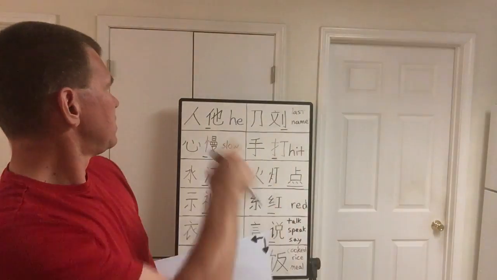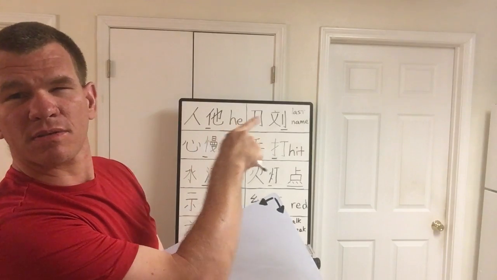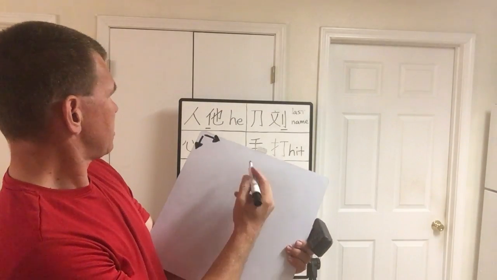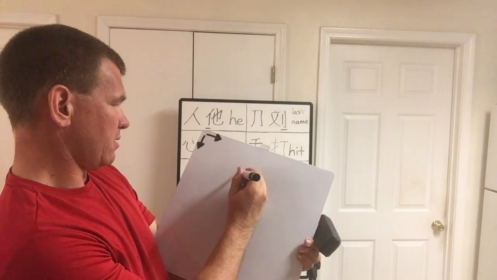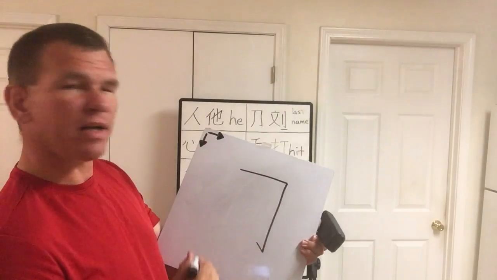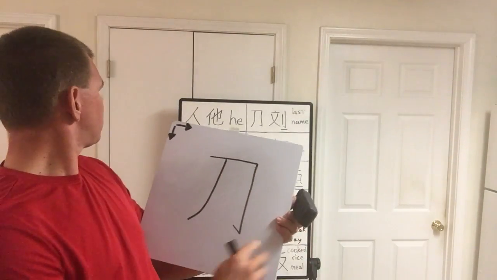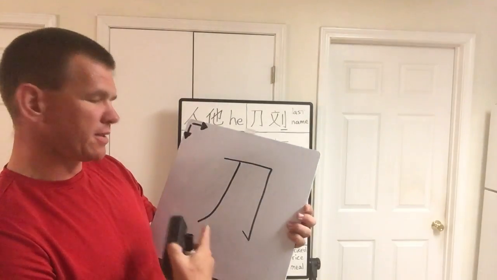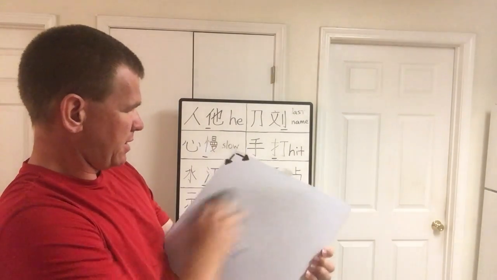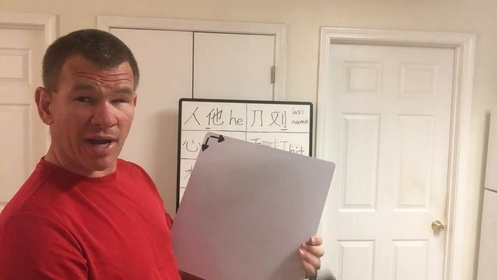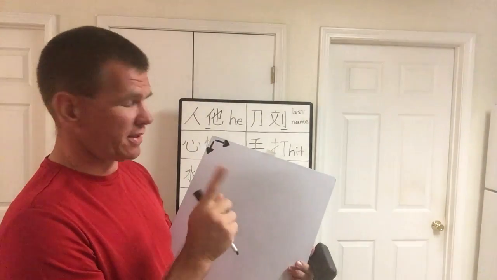All right, so knife is the next one on the right. So that's 1, 2 strokes, right? All right, so that's knife. Now this one has the radical on the right side, not the left.